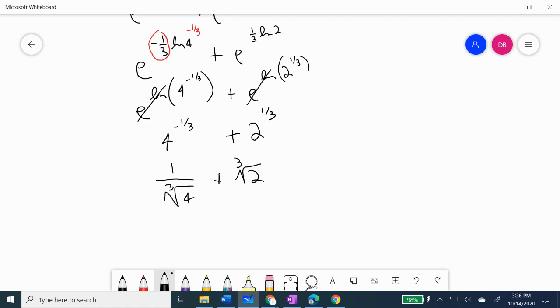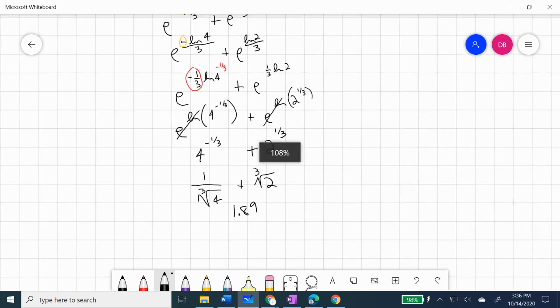And I believe that is the point where the textbook finally said, maybe no more. Oh, they did simplify. Well, okay, let's just call that enough. And the textbook got that this was approximately 1.89. Yeah, but anyway.